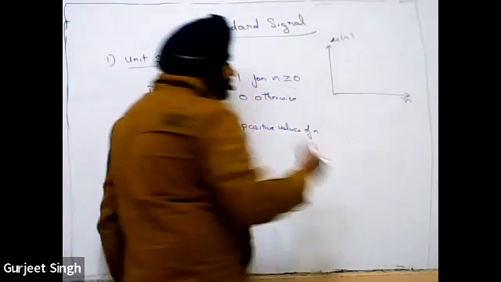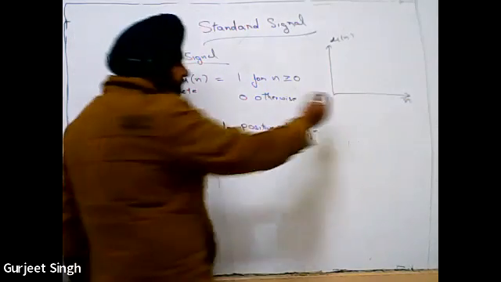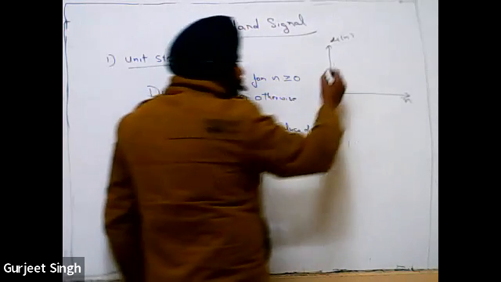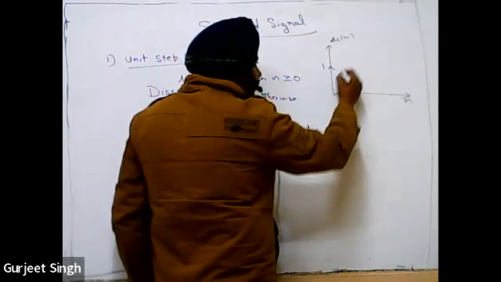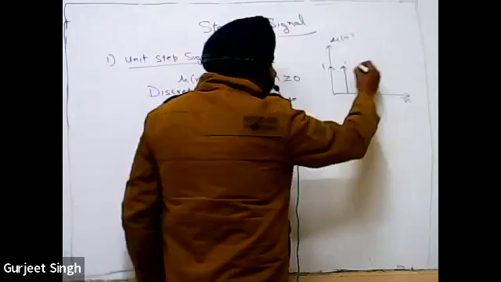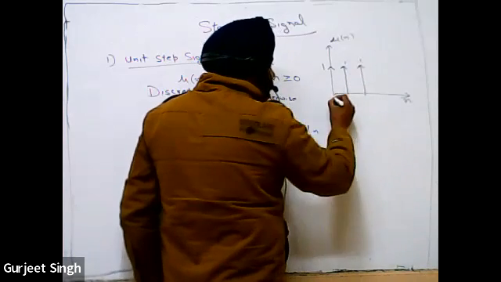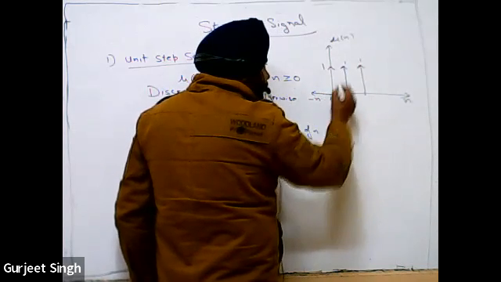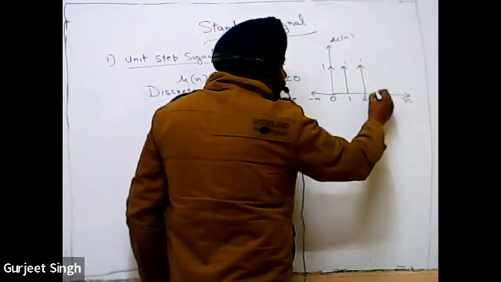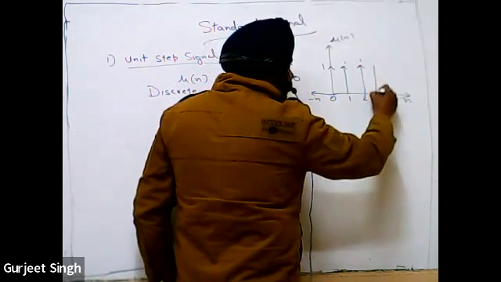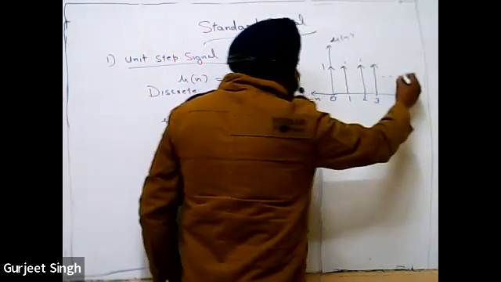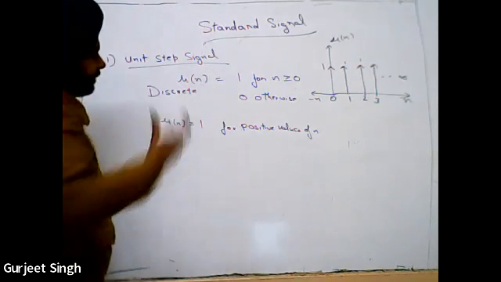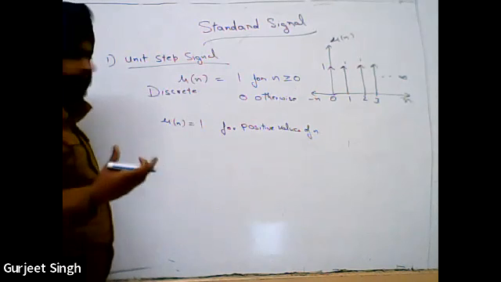Basically in the discrete type, the x-axis is represented by small n. Here the amplitude is 1. For n equal to 0 the value is 1, and for 1, 2, 3, and so on up to infinity, the value is 1. This is the mathematical graphical representation of the unit step signal.